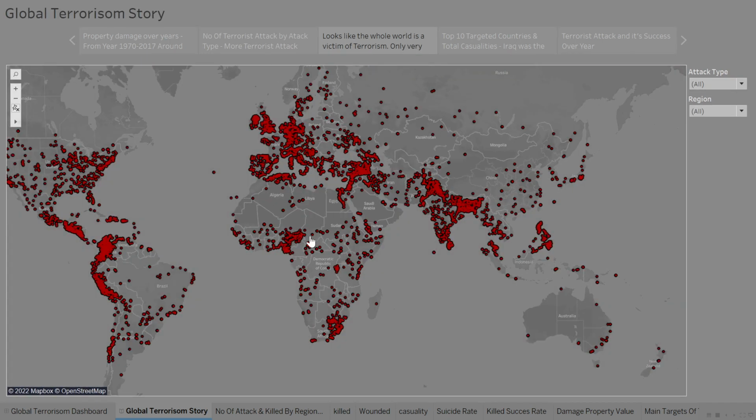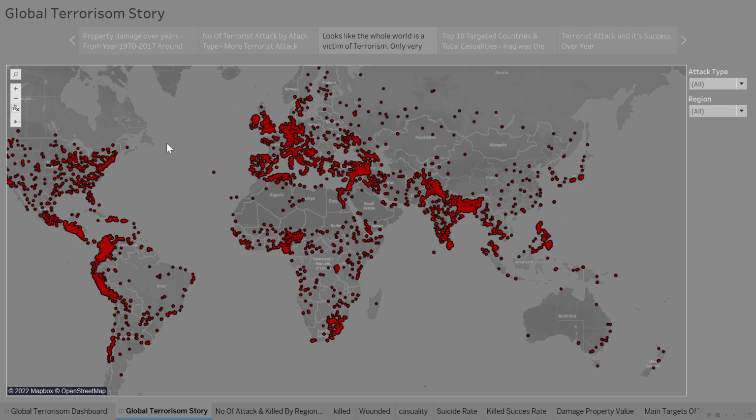Third graph. It looks like the whole world is a victim of terrorism. Only a few parts of the world have the privilege of peace and tranquility, some areas like Australia, or Russia.